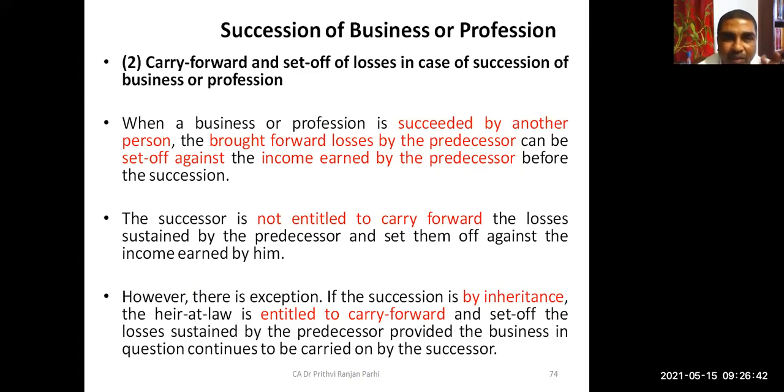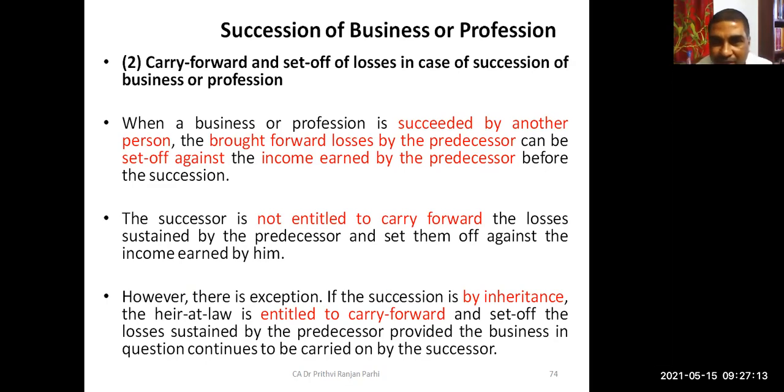Now, one more point. When the business or profession is succeeded by another person, let's say someone has taken over the business, the brought forward losses of the predecessor can be set off against the income earned by the predecessor before the succession. That means it can be set off, but it cannot be carried forward.